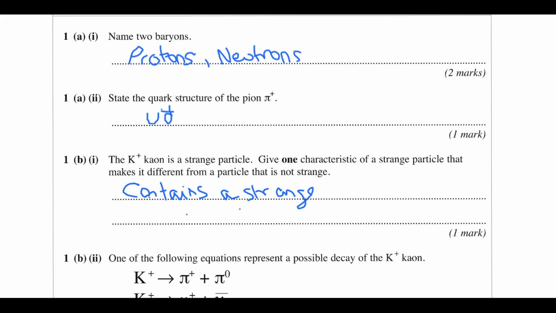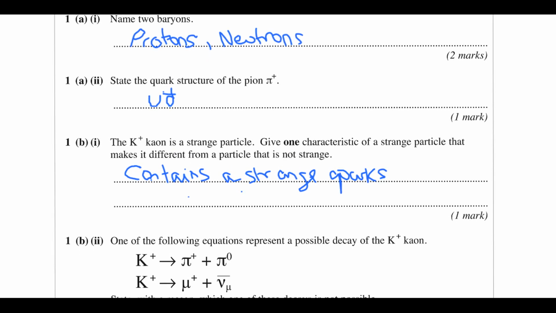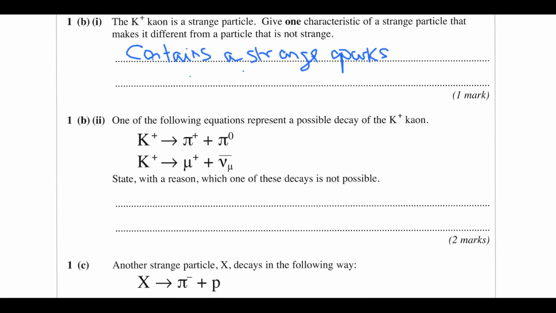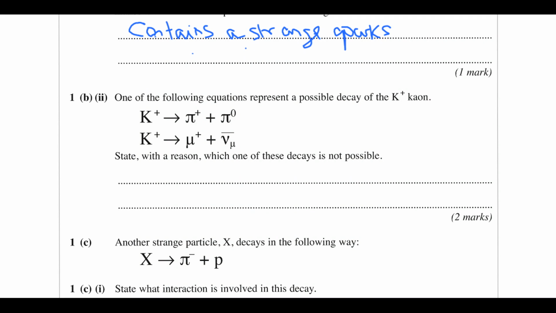This is just a chance for you to demonstrate that strangeness comes from having strange quarks. You could also have gone with other things like having a longer than expected half-life, because that's the effect of strange quarks, or maybe it decays by weak interaction, but this one's the main one really.